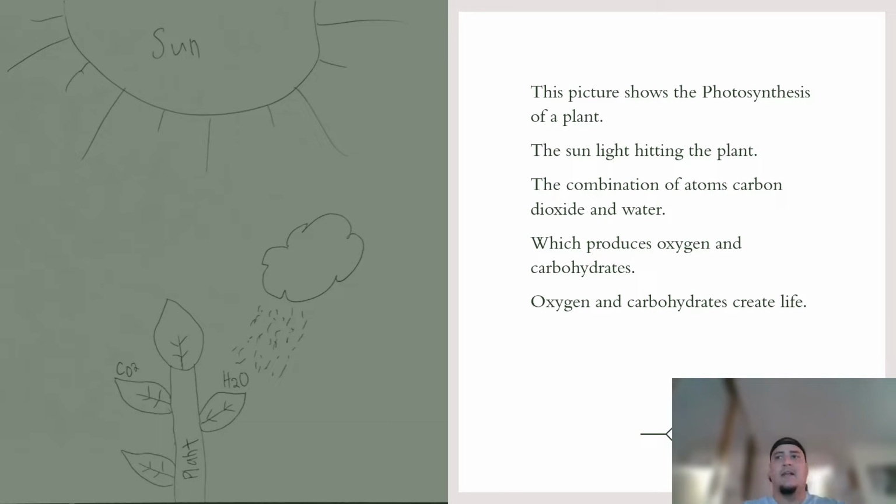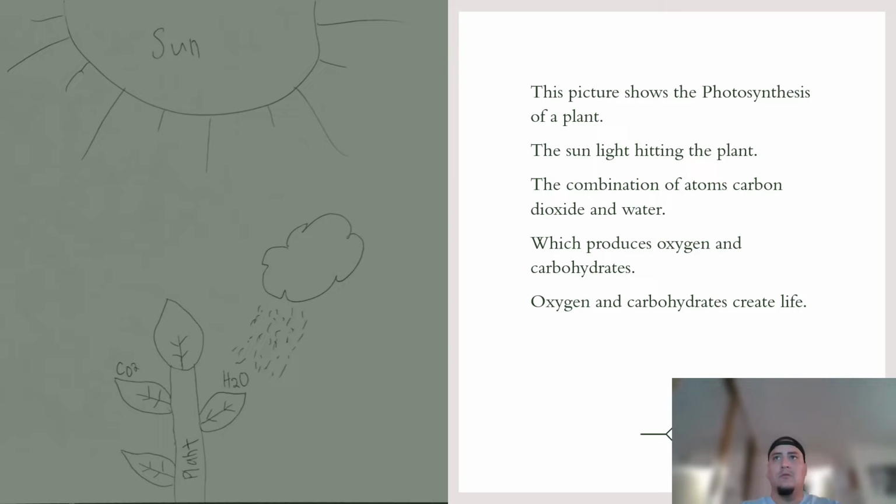This is one of the pictures that I drew, showing the sun and the plant and the process of photosynthesis in a plant. So the sunlight hits the plant, and the CO2 enters through the leaves, and the H2O, from the rain or the moisture, goes in the ground and through the roots.